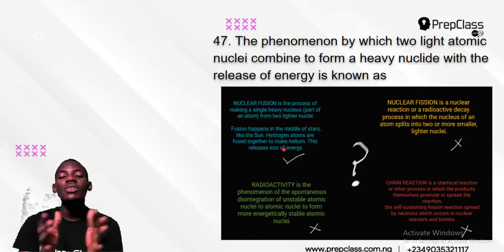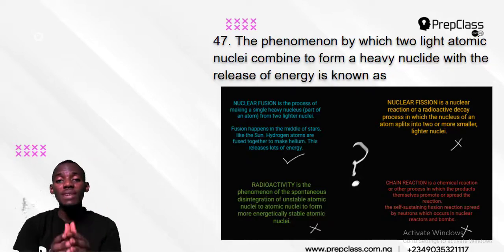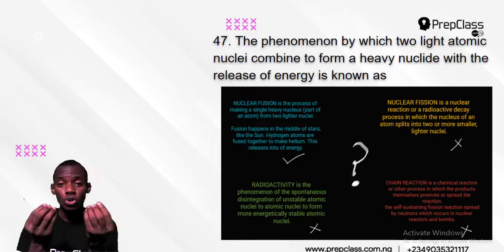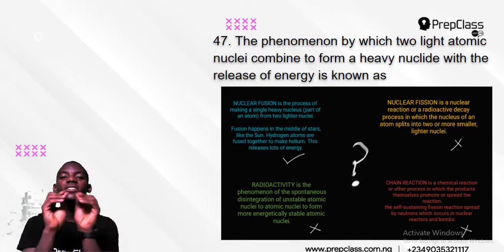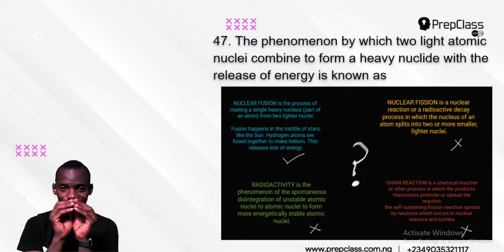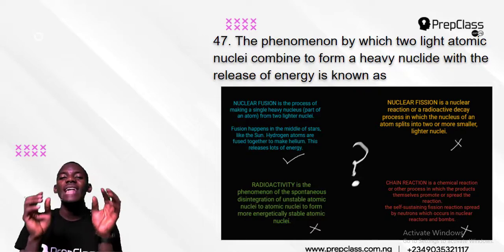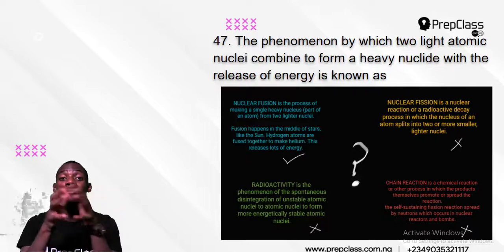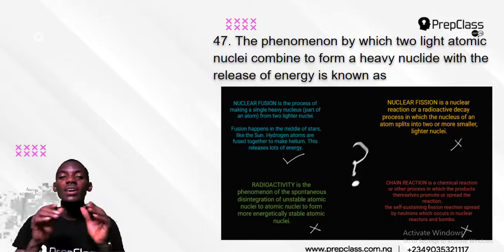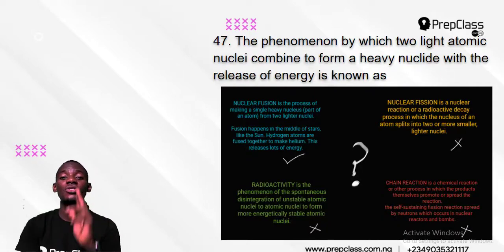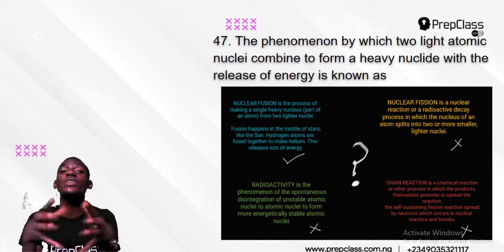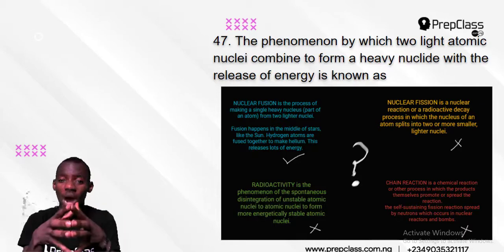Now look at this. Fusion is the process whereby smaller nuclei, that's plural, form a single nuclide. I'll say it again. It's like smaller stones forming one big stone. When little stones form one giant stone, that is nuclear fusion, because they are fusing into one.